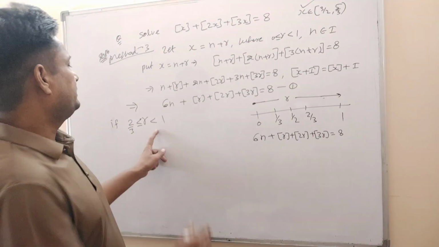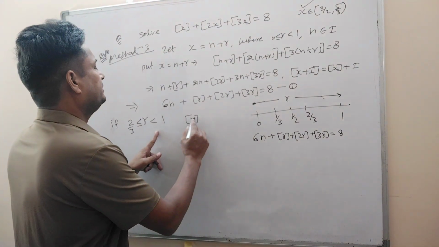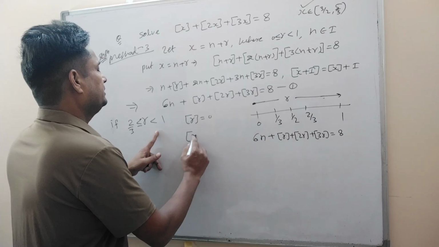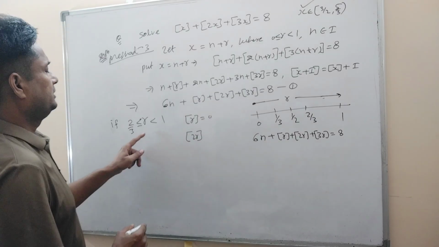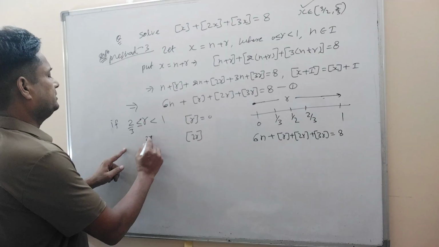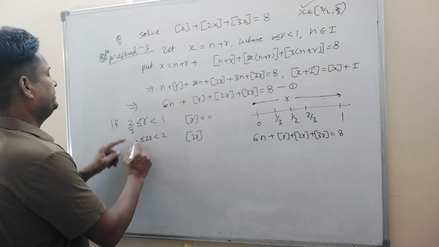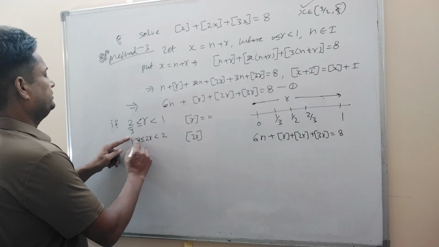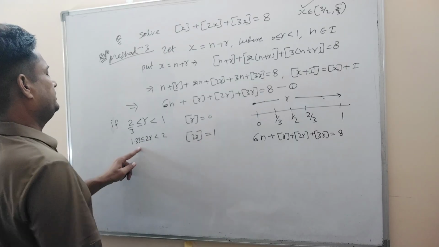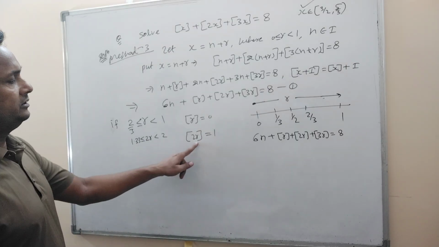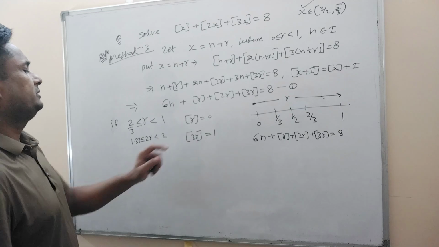In this interval, the greatest integer of r will be 0, and for the greatest integer of 2r, if you multiply here by 2, it will be 1.33 and above, so it will give you 1.